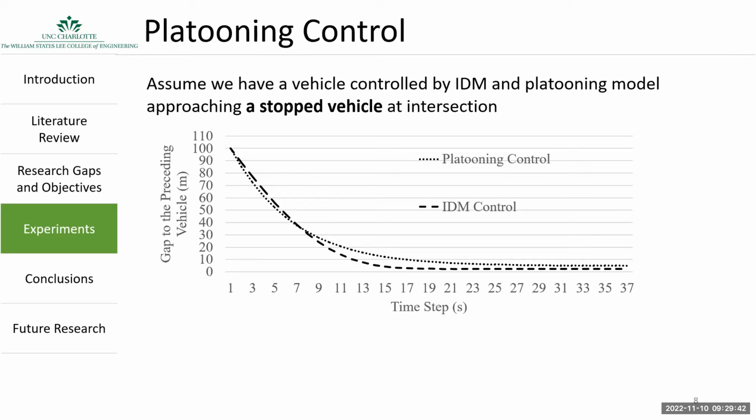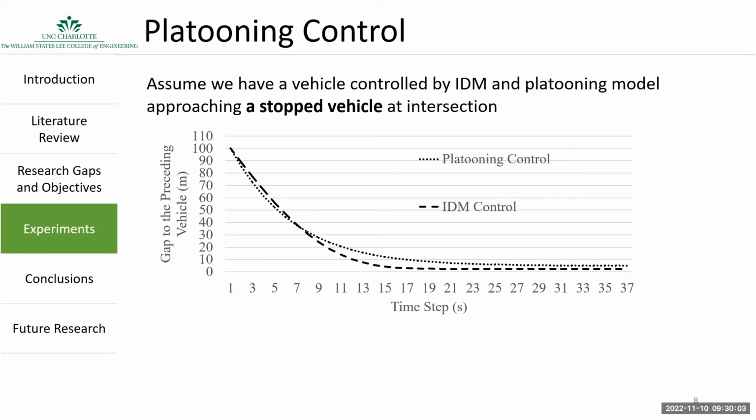Here I present the IDM control and the platooning control vehicle to show how quickly they can approach a stopped vehicle. As you can see, it takes 20 seconds for IDM control to reach a desired distance to the stopped vehicle.